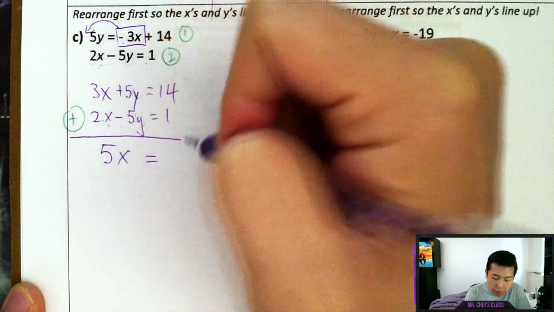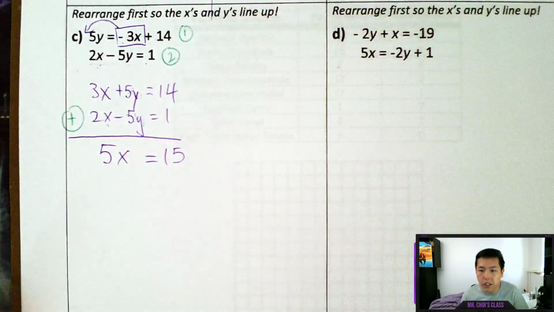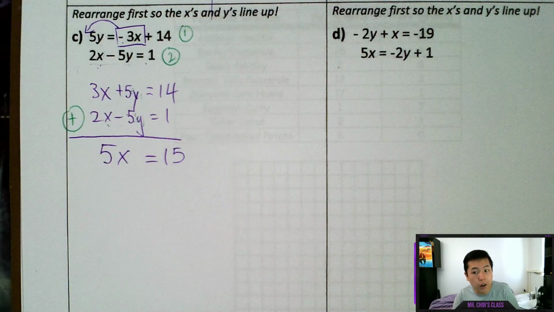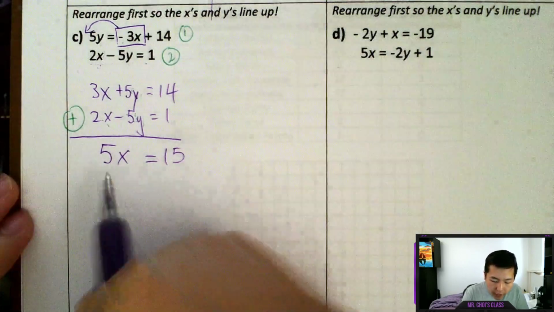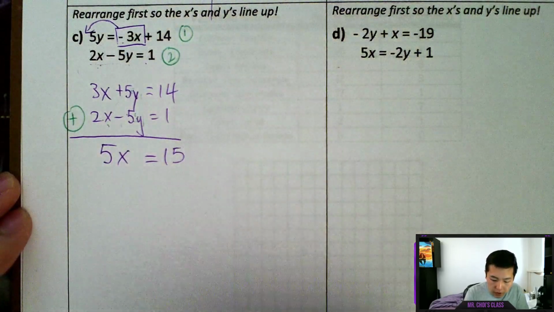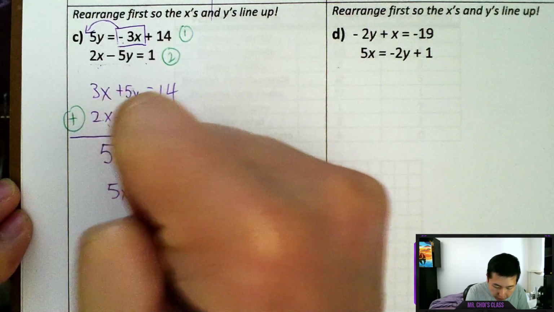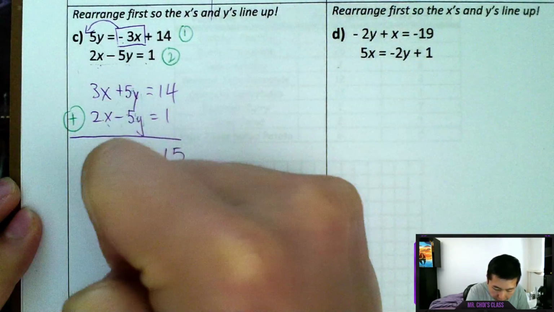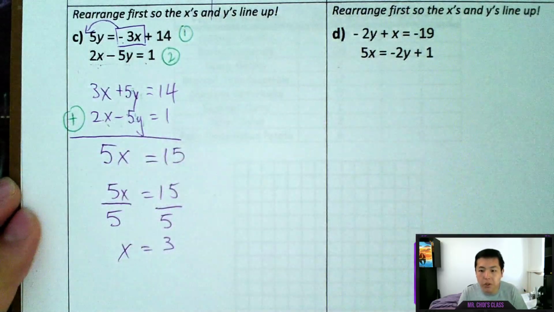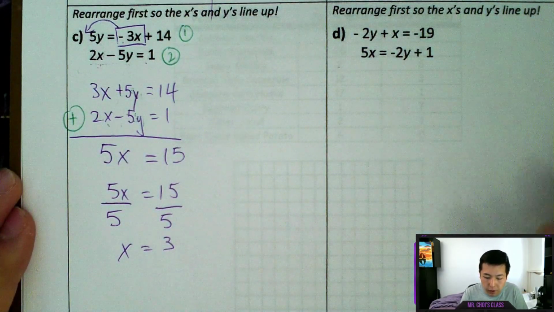And then 14 plus 1 equals 15. And there we have our already simplified step. So instead of writing 0y, because that could get confusing, we can just say, I'm getting rid of it. It's gone. I don't need to write it anymore. Okay? So then we have 5x equals 15. So getting rid of the 5, we divide by 5. And so x equals 3. And there we have it.